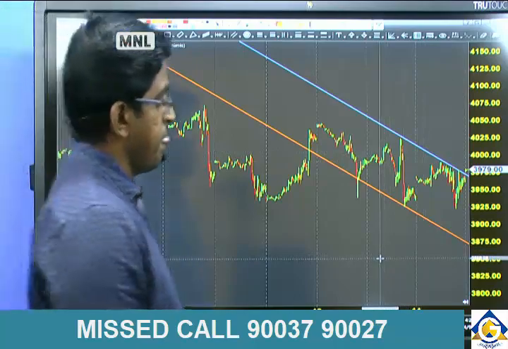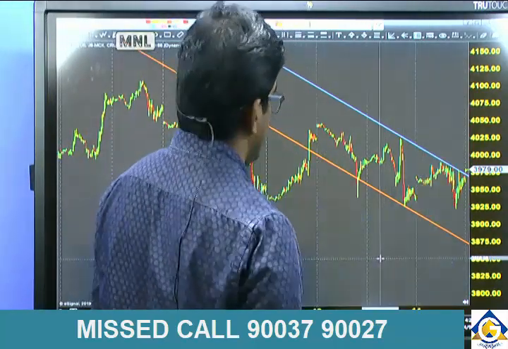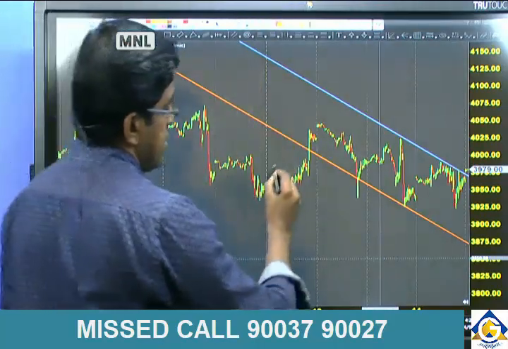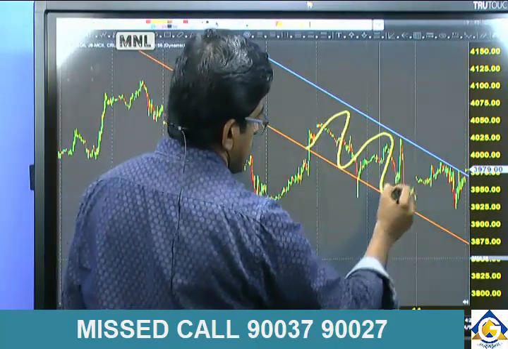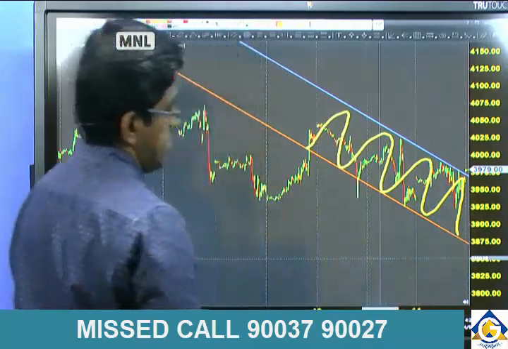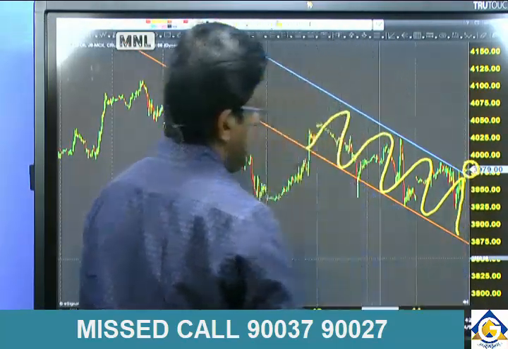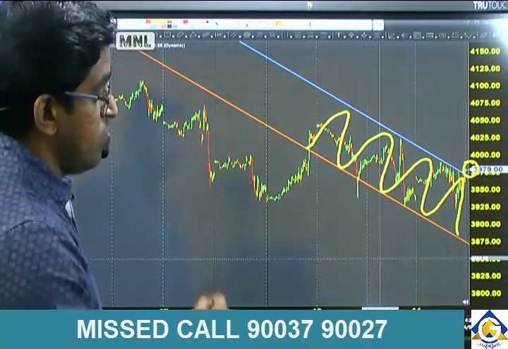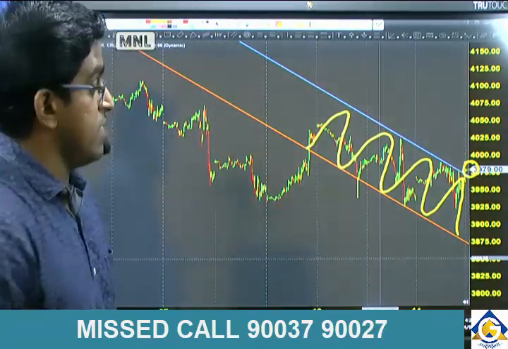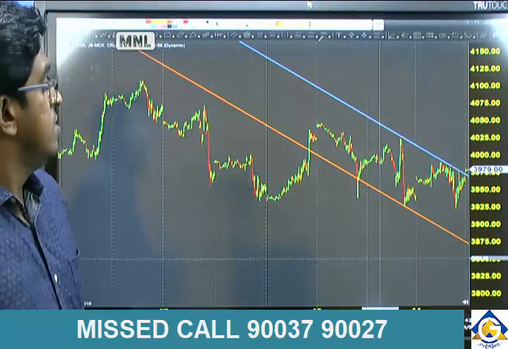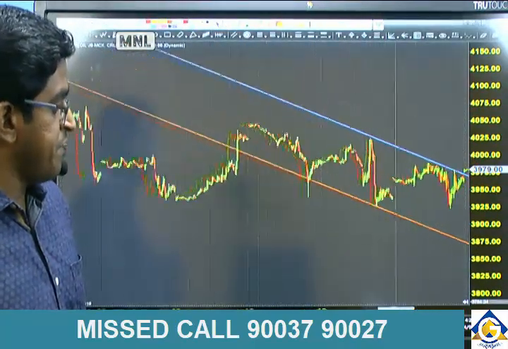So I tried to draw a trend channel, and after drawing it, I assume that the price is going to follow this trend. But the 15th price opening happened just outside this trend channel. That is another thing I should note.